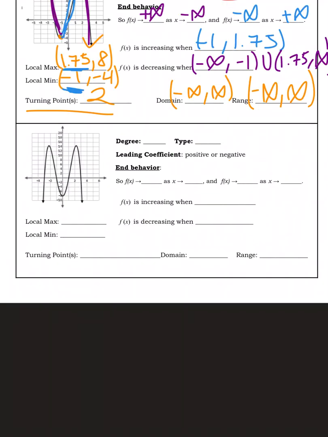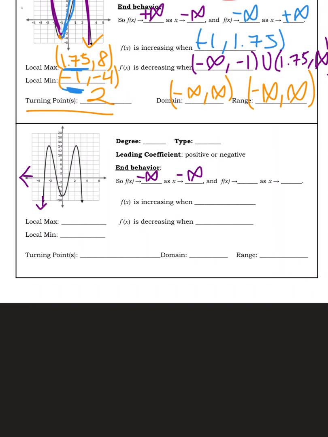Okay, so for this example right here, we are going to start again with our end behavior. So as our x values get smaller, so going to the far left of our graph, our y values are going to be getting smaller as well. So that could translate to, f of x goes to negative infinity as x goes to negative infinity.